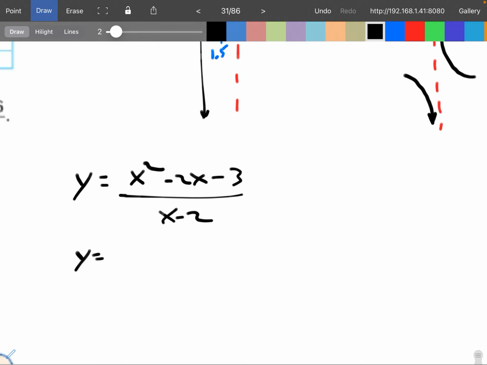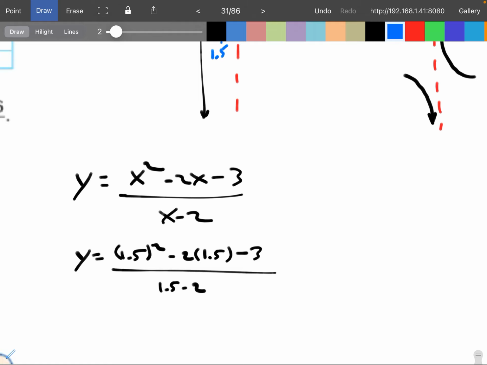So let me do that real quick. So we're going to go y equals 1.5 squared minus 2 times 1.5 minus 3, all over 1.5 minus 2.